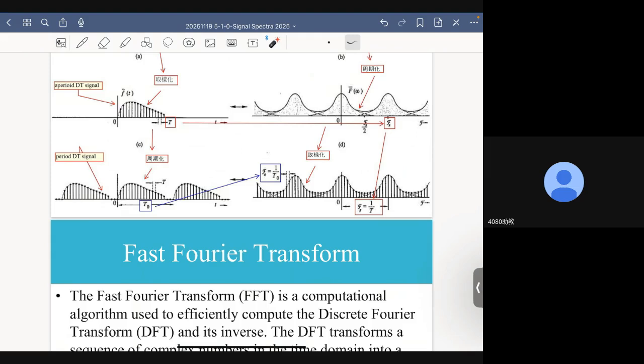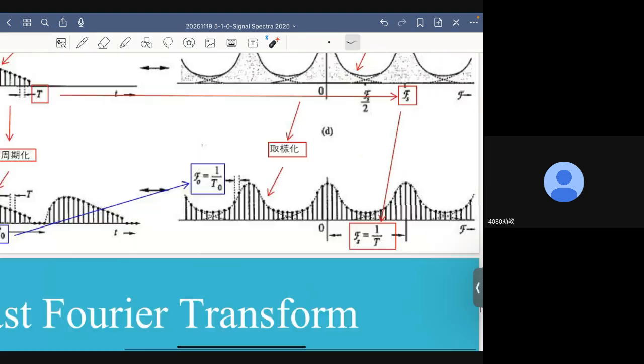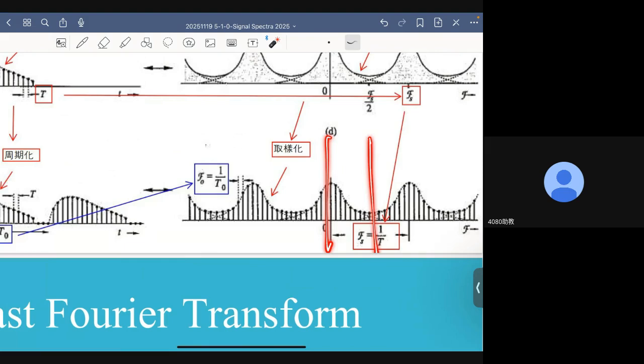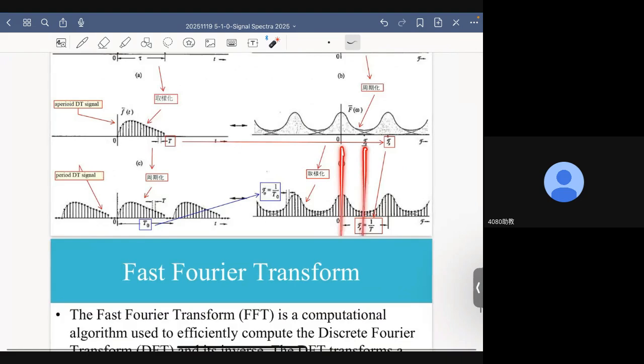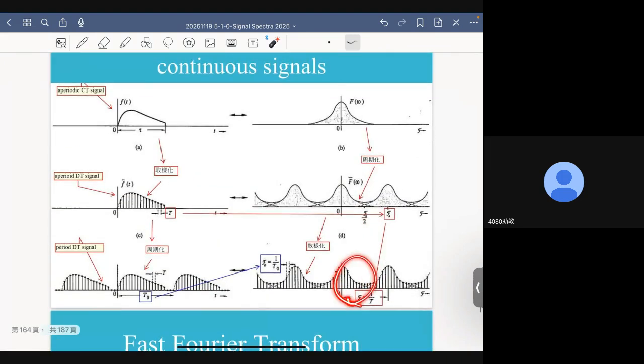By doing that, this spectrum becomes discrete in the frequency domain. Then I can ask my computer to produce this part of spectrum for me, and with it I actually understand what is going on here.